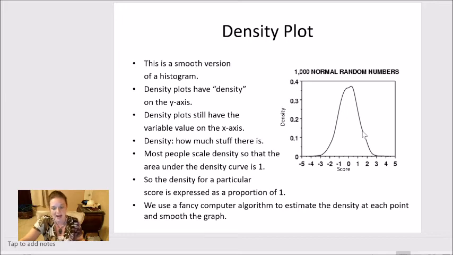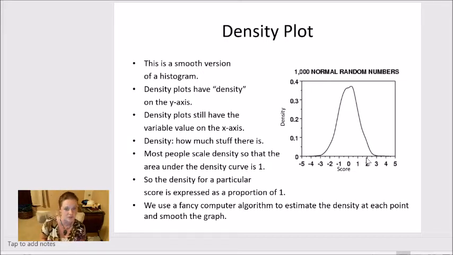You go, okay, I actually only had 50 people maybe, but let's assume I had an infinite number of people, all with essentially the same probability. Let's smooth out the histogram, right? So I can figure out how probable 2.5 is, even though I didn't allow people to say 2.5. I can figure out how probable 1.5 is, even though I didn't actually let people choose 1.5. That's the idea behind a probability density function.